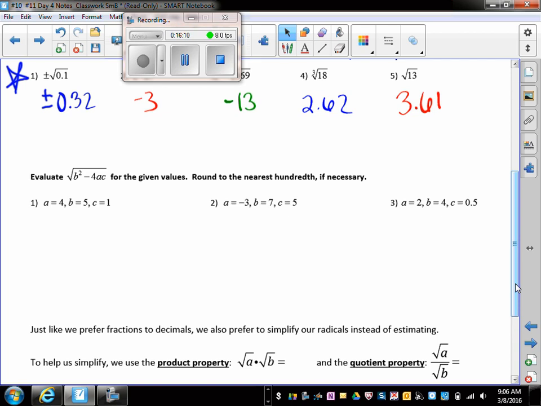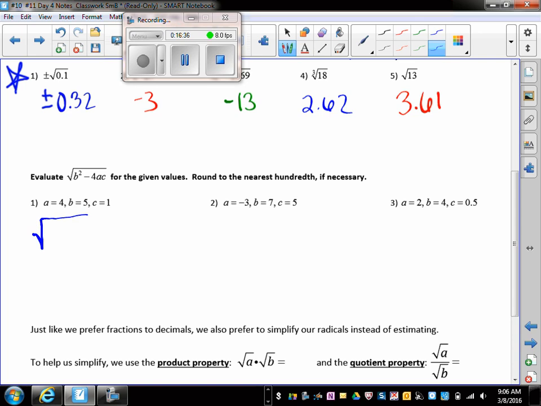I think it's next month. It is coming up soon. It's a method for solving a quadratic. So this is just a piece of it. But since we're focusing on square roots today, we're going to just look at how to evaluate the square root here. So evaluate the square root of b squared minus 4ac for the given values and round to the nearest hundredth if necessary. Evaluate means all we do is substitute in our values, right?